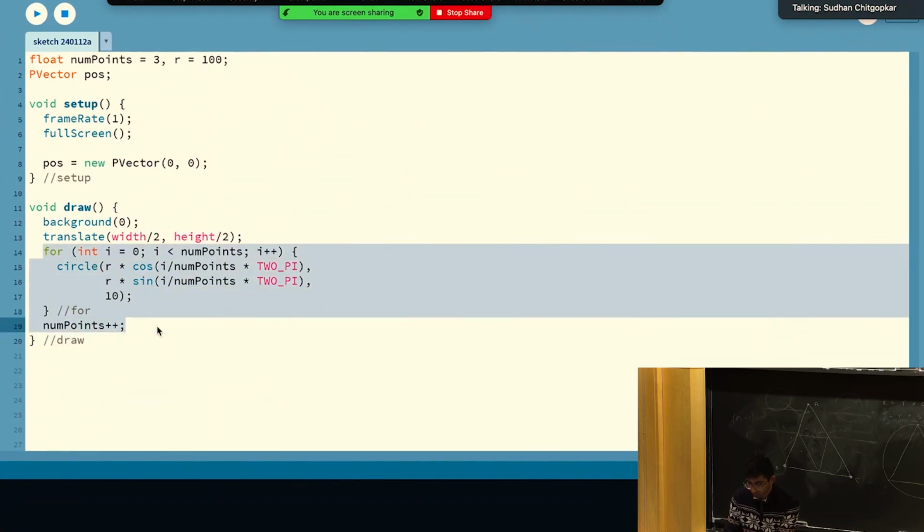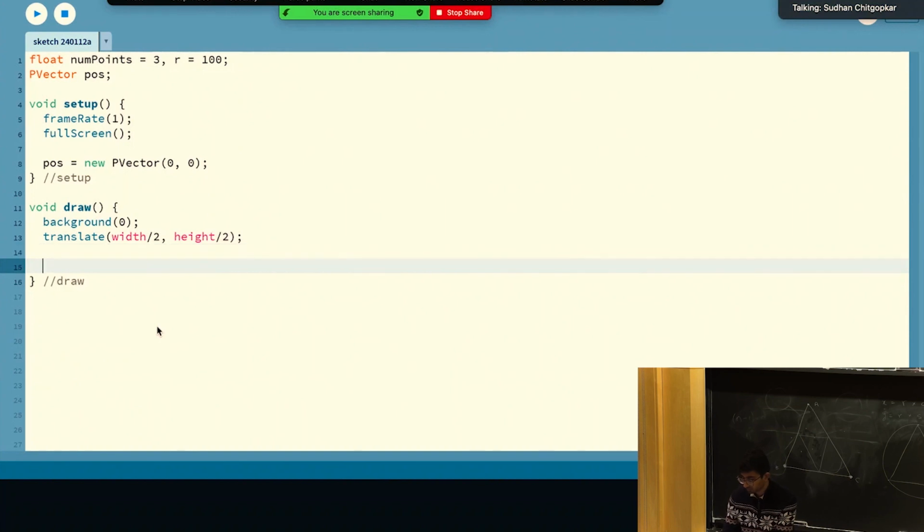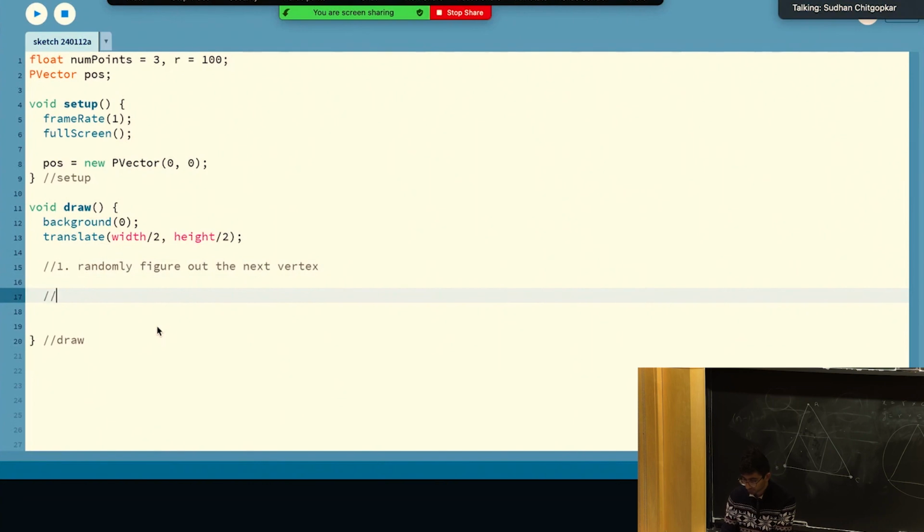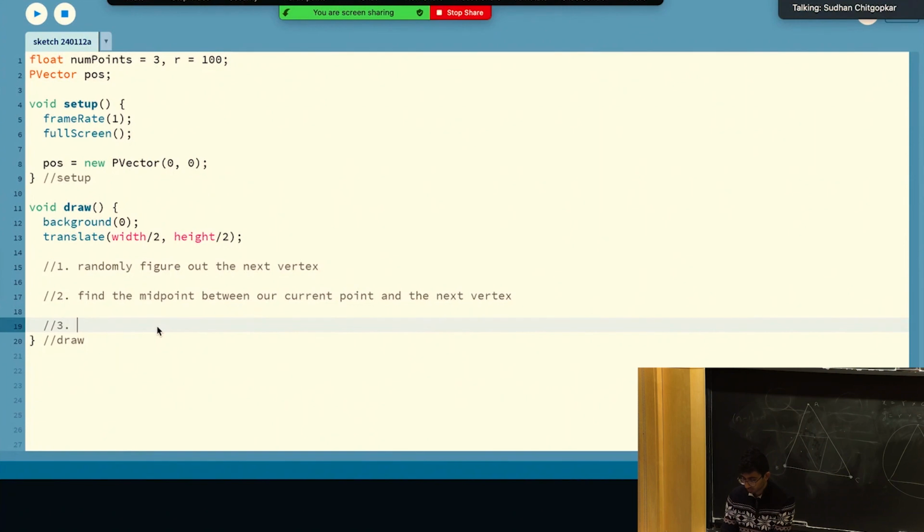As long as you understood how that code works, it'll be really easy to rewrite. So step 1 is to randomly figure out the next vertex. Step 2 is to find the midpoint between our current point and the next vertex. And then step 3, all we want to do is plot it.